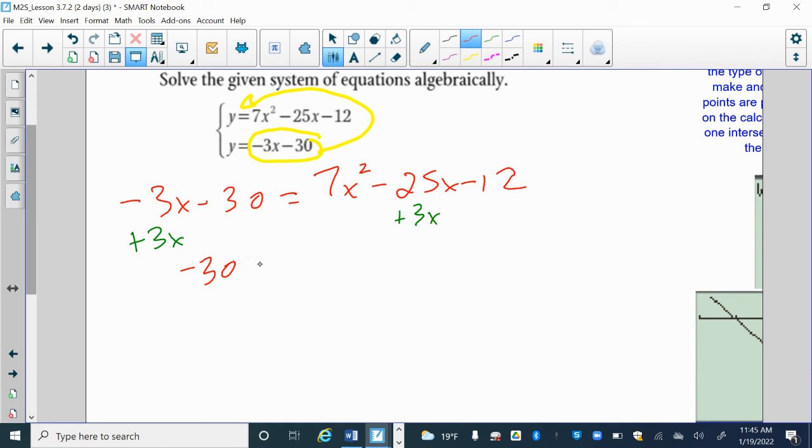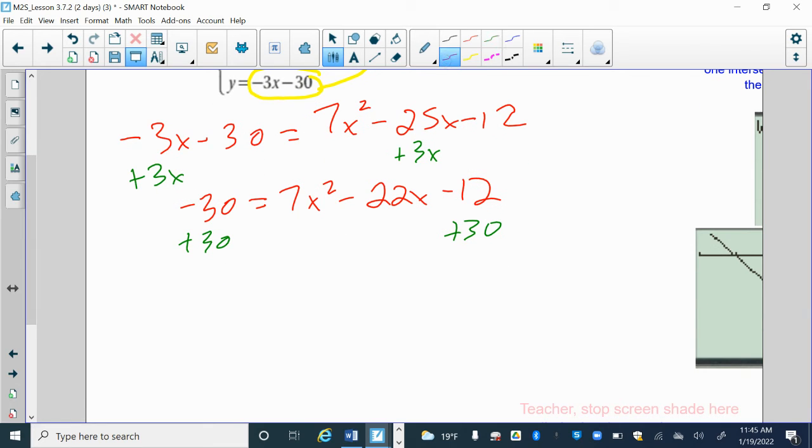Negative 30 equals 7x squared minus 22x minus 12. Add the 30 over. 0 equals 7x squared minus 22x plus 18.